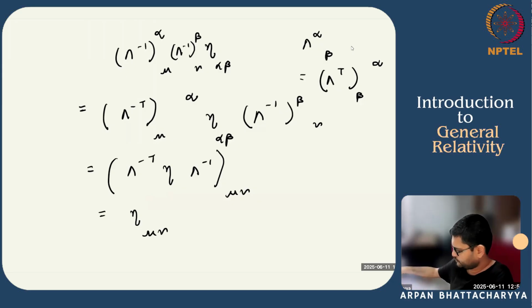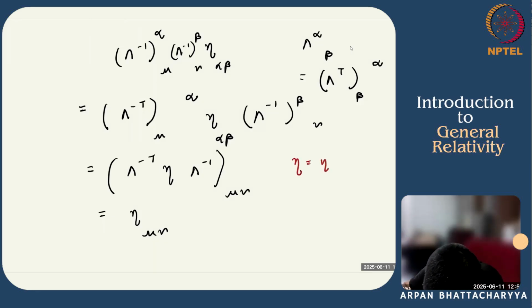And hence the proof that this is an invariant 0,2 tensor. Eta is invariant under Lorentz transformation.